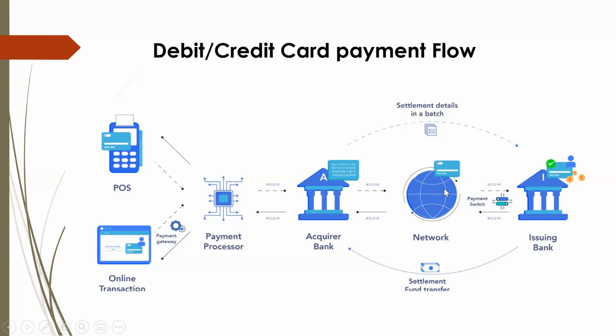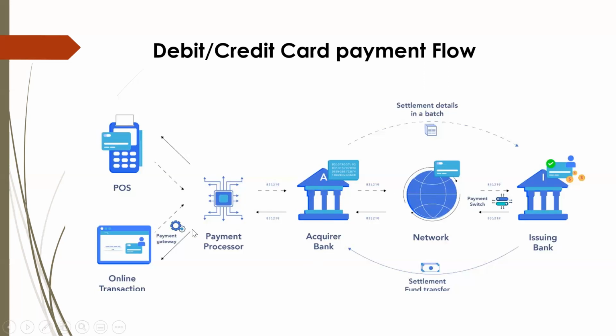And then Visa says: yesterday I received a payment request from you, I got the okay from HDFC, now you debit my account and credit the merchant account. This is how the settlement happens. So as a customer, I made the payment through the POS machine at the merchant side.